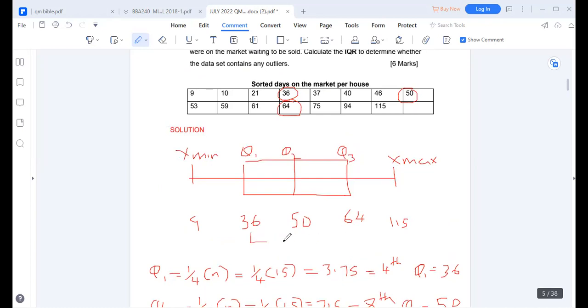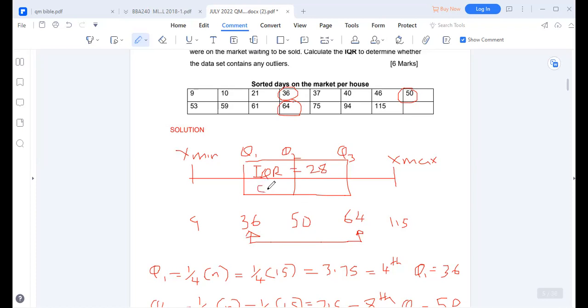Now, the difference between these two, the upper quarter and the lower quarter, is called the interquartile range. 64 minus 36. What do we get? 64 minus 36 will get 28. So 28 is our interquartile range.